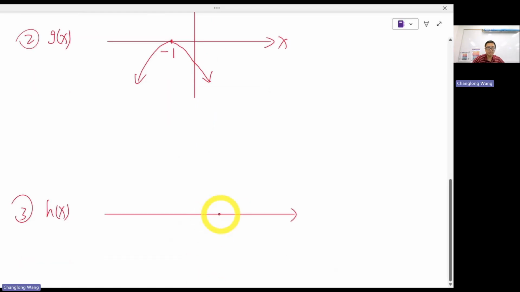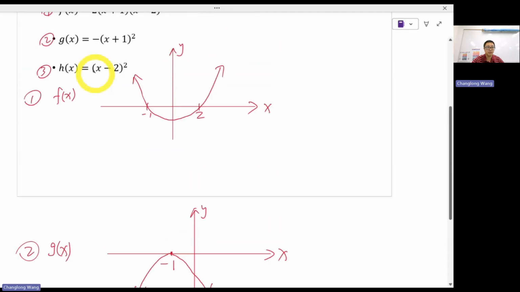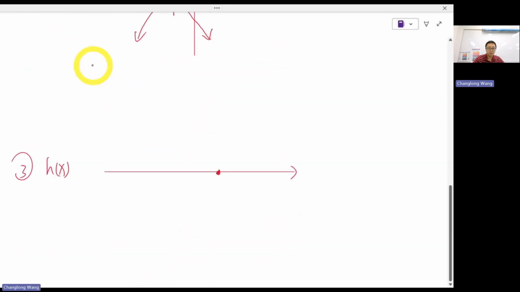So I have a 0 at 2, and that's an even 0. And the leading coefficient, again, just to remind you, is positive. That means you're going to start from the top right, come down, and bounce off. And if you want, you can have a y-axis there.